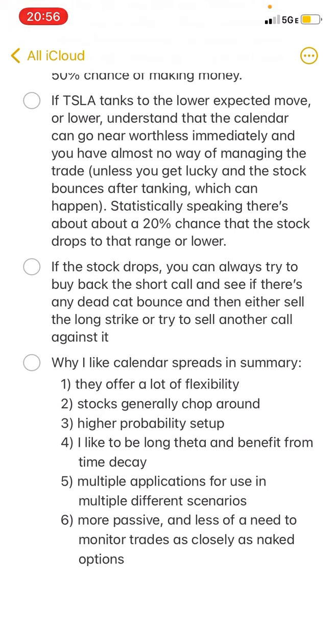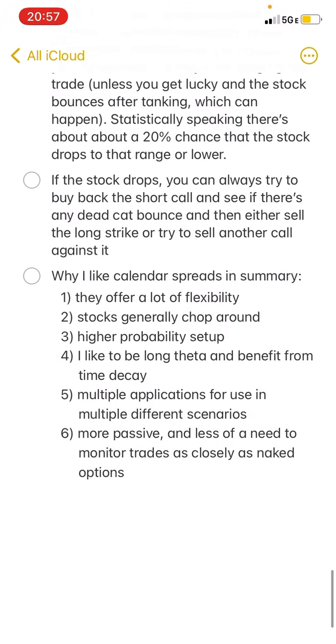Unless you get really lucky and the stock bounces after tanking, which can happen, and it has happened before. So statistically speaking, there's about a 20% chance that the stock drops to that range or lower, right? So it still can happen. It's not as likely. But again, it still can happen. It's earnings. Anything can happen, okay?